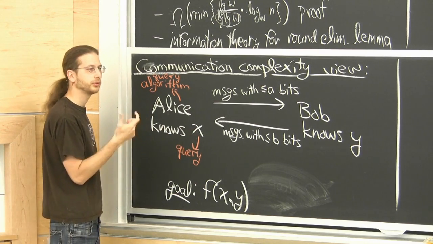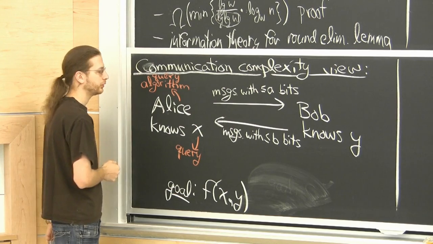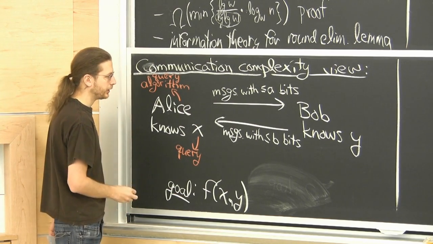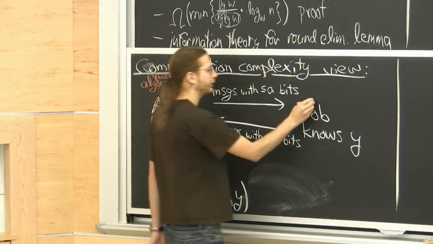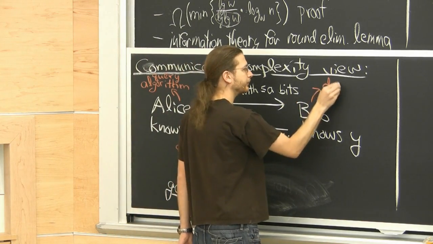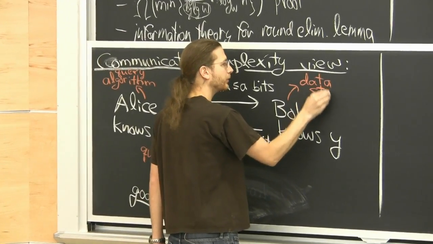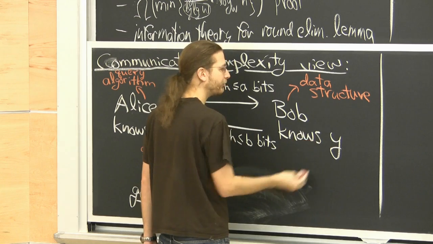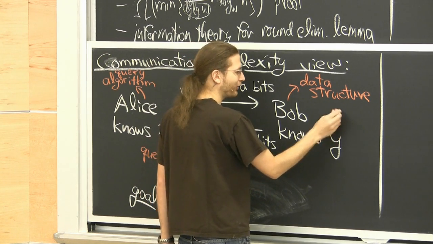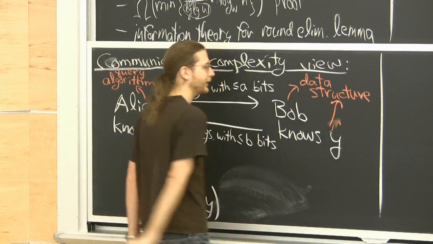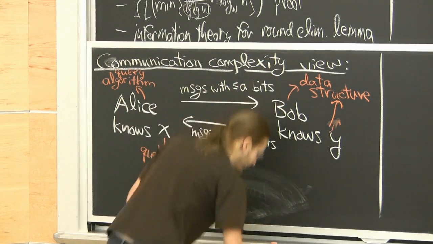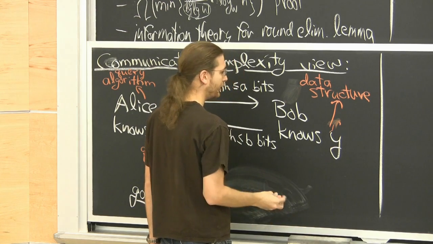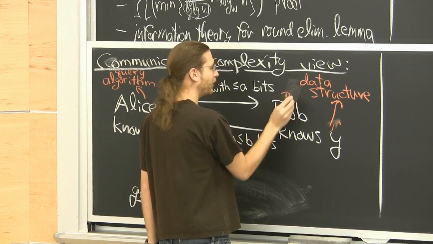It's a single word, where I want the predecessor of some value. Bob, on the other hand, is the data structure. That's the static thing. Bob represents the data structure, y actually is the data structure. Or, if I want to be a little more prosaic, you can think of Bob as memory.